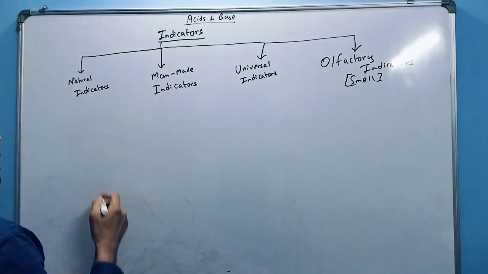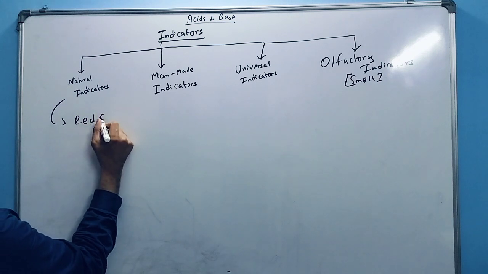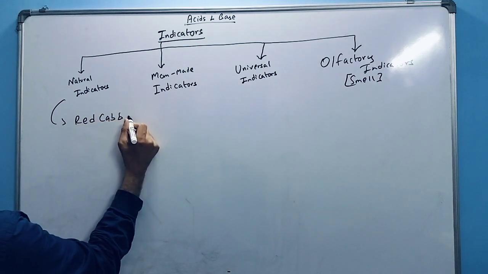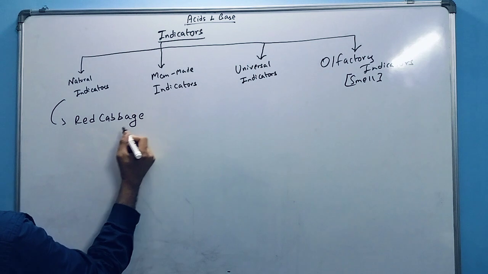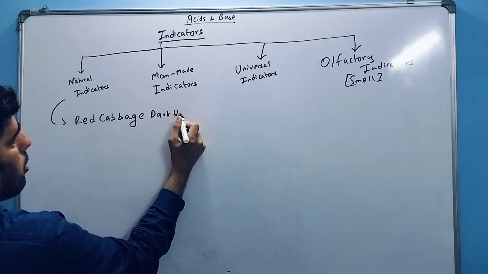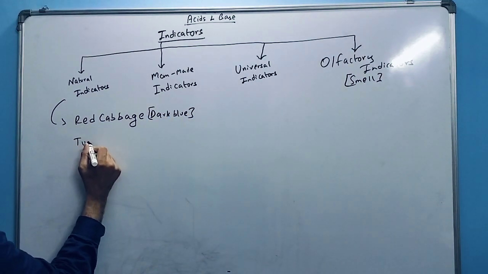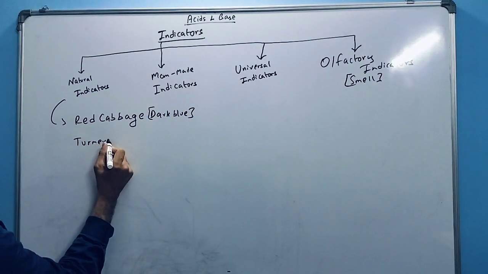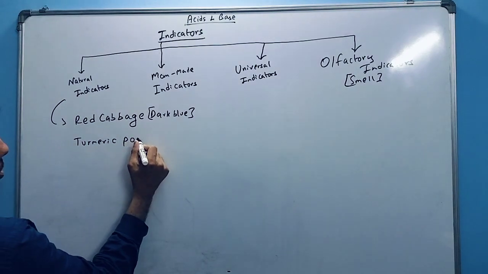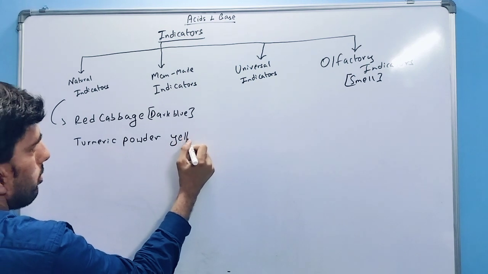In natural indicators, we can take an example of red cabbage, which is dark blue in color. Then we have turmeric powder, which is yellow in color.